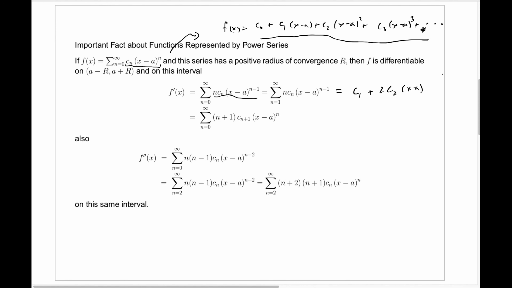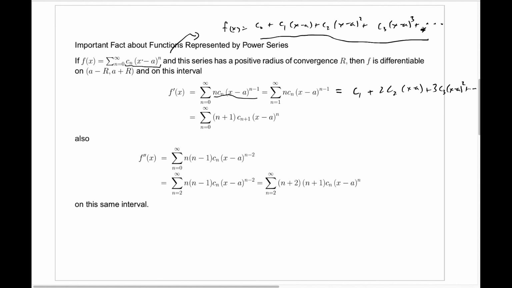The derivative of the next term gives you 3c3 x minus a squared. And it keeps going like that. And you'll see that's what we get when we start this at n equals 1. Nothing wrong with leaving it as n equals 0, of course. Starting with n equals 1 going to infinity of n c sub n, that's 1 c sub 1, x minus a to the n minus 1. So here we have 1 times x minus a to the 0th, 2 times c2 times x minus a to the first power, etc. So we can differentiate f.